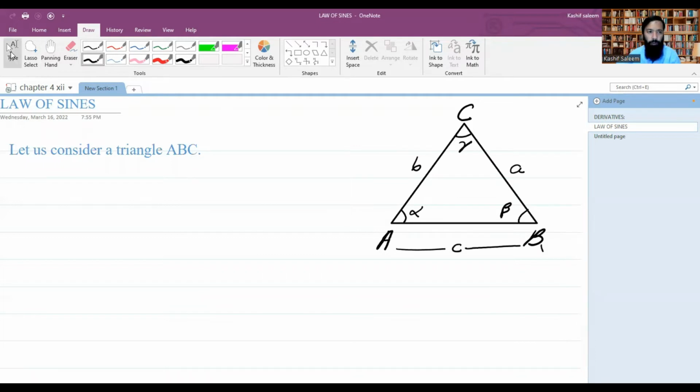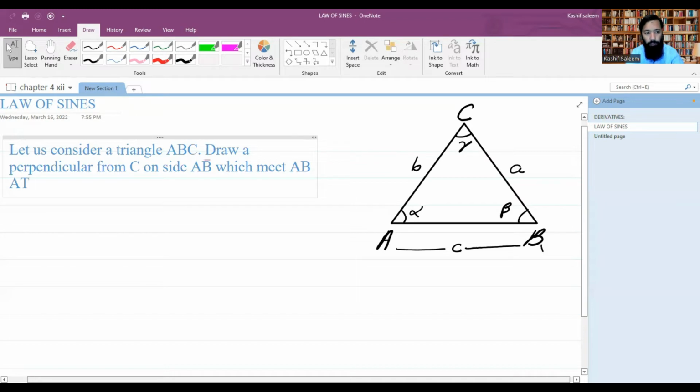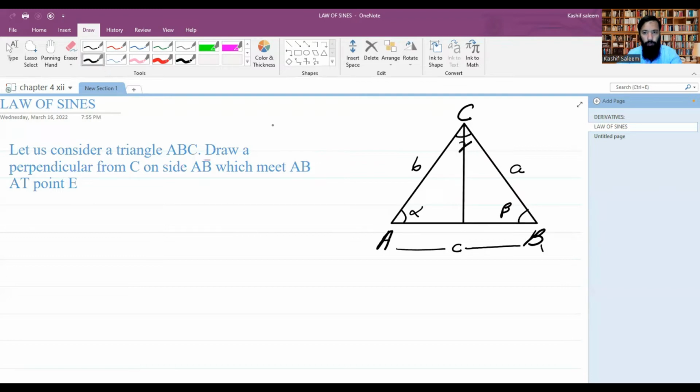So now draw a perpendicular from C on side AB, which meets AB at point E. Now there are two right angle triangles basically.